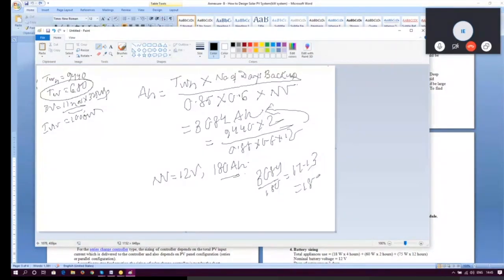So we can say roughly 18 numbers. Being an even number, we are okay with it. Clear? So the number of batteries we have got here is 18 numbers, 12 volt, 180 ampere hour. This is our battery. Fine.